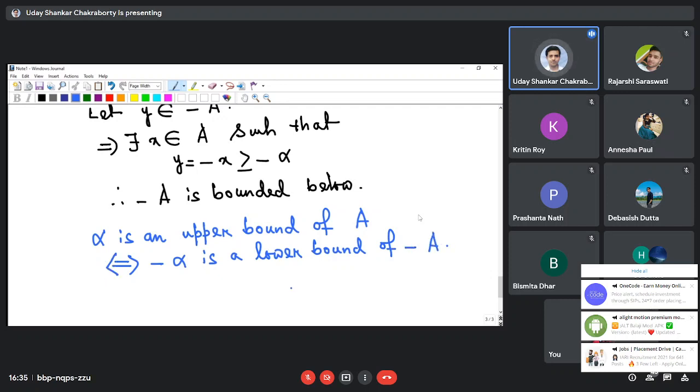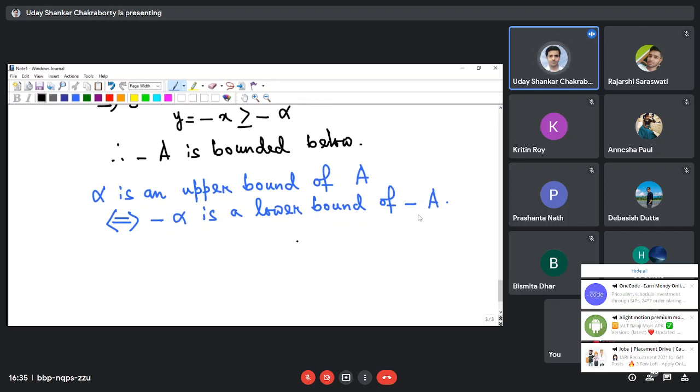You can try to prove that if you start with minus alpha being a lower bound of minus A, you can prove that alpha is an upper bound of A. This is simple. You can mimic the proof. You will get it.